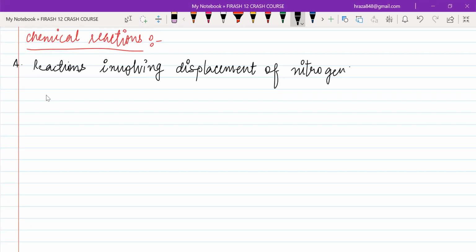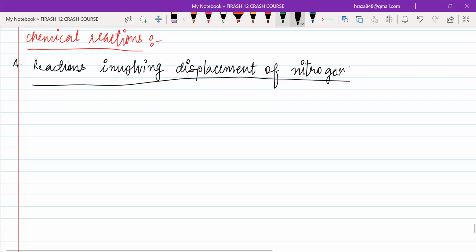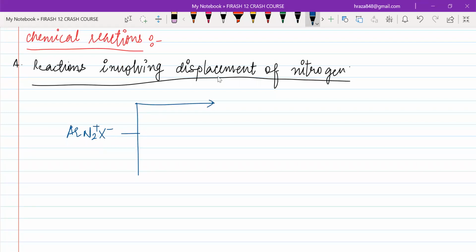The first is the Sandmeyer reaction that we have already studied in the first chapter, on haloalkanes and haloarenes. This is benzene diazonium chloride, and if you react this with Cu2Cl2/HCl, then N2 will be replaced by Cl, and N2 will be released.